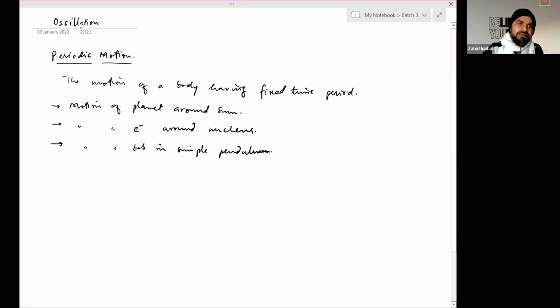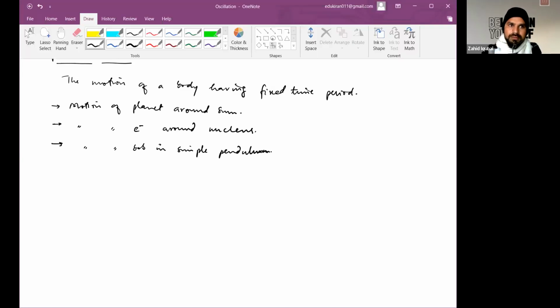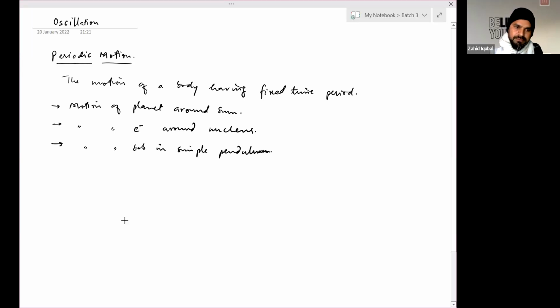Now, there is some difference between the motion of a simple pendulum and the motion of an electron or a planet. Let me define it for you.